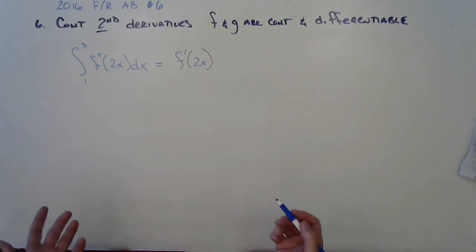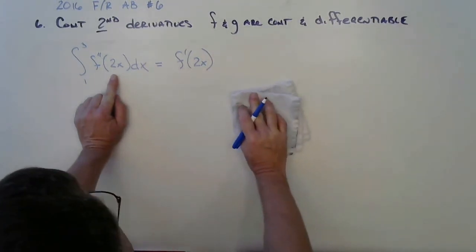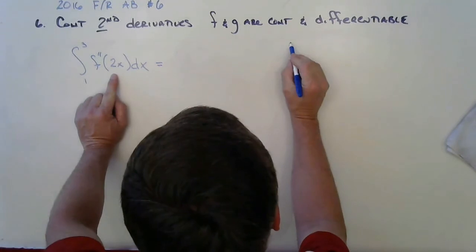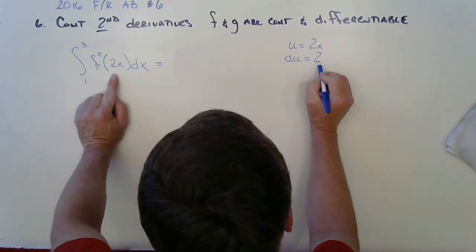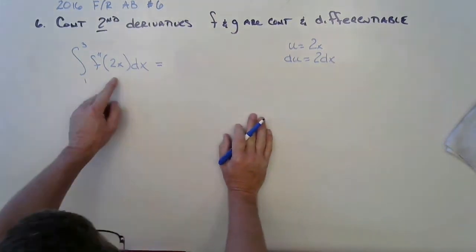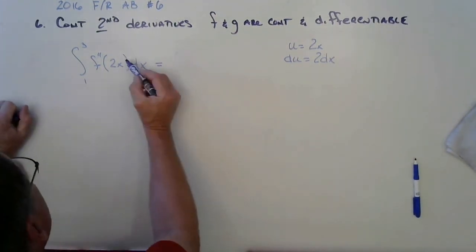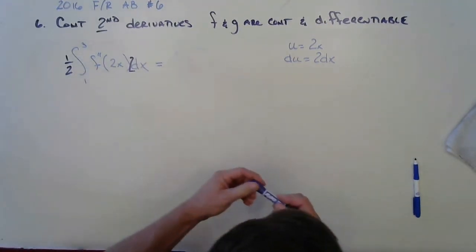But I've got to do a u sub here, because that's a 2x. So this isn't my answer, right? I'm going to come over here and I'm going to go u equals 2x, du equals 2dx, and we're going to go, oh, I need a 2 in front of this. Okay, I can get a 2 in front of this. I'll put a 1/2 right there.